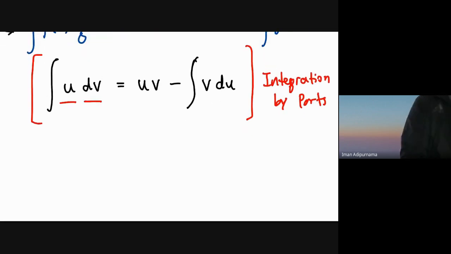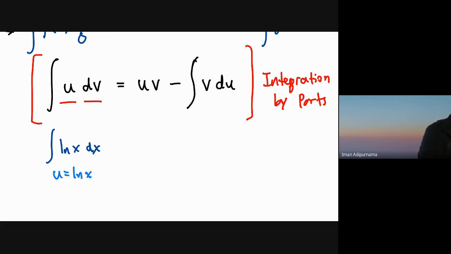Okay, so for example, if we want to integrate ln x dx, if we set u is ln x, du will be 1 over x, right? dv is dx, and v is x.